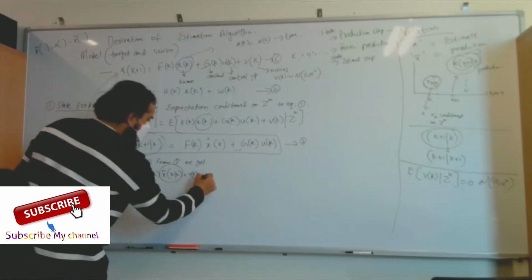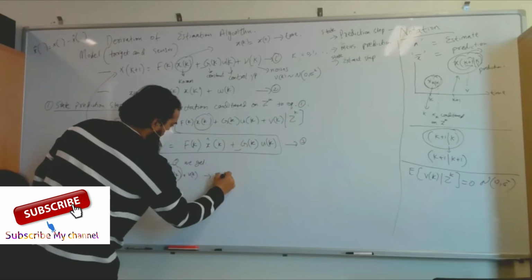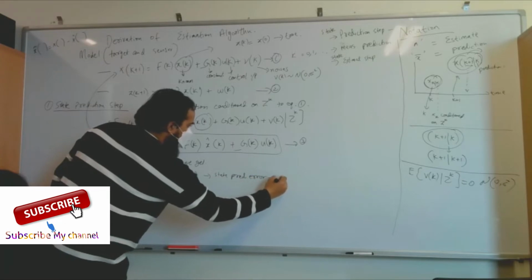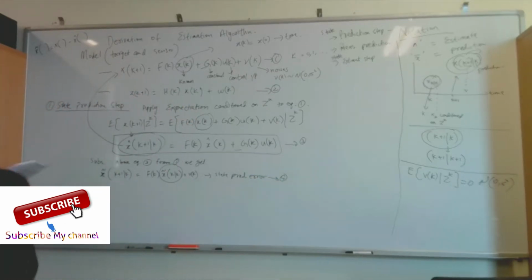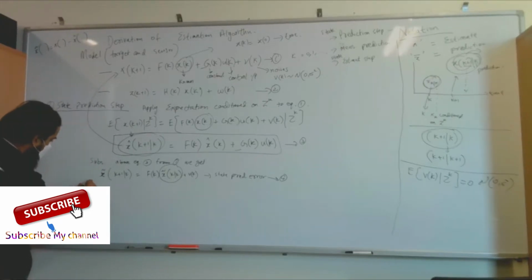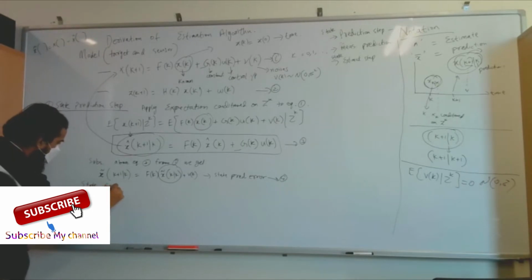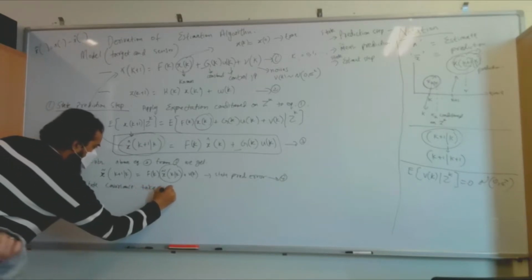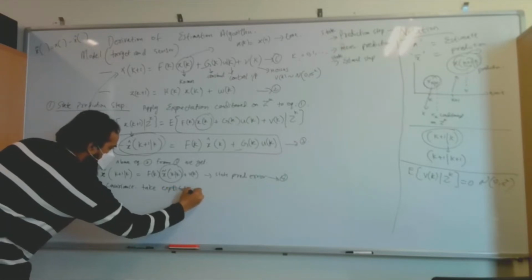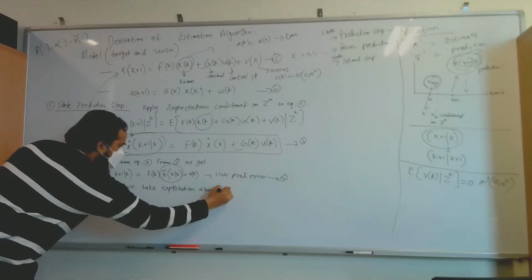So this is called the state prediction error. Okay, clear? Now the state covariance is obtained by taking the expectation over this equation. So state covariance, expectation of the above equation.